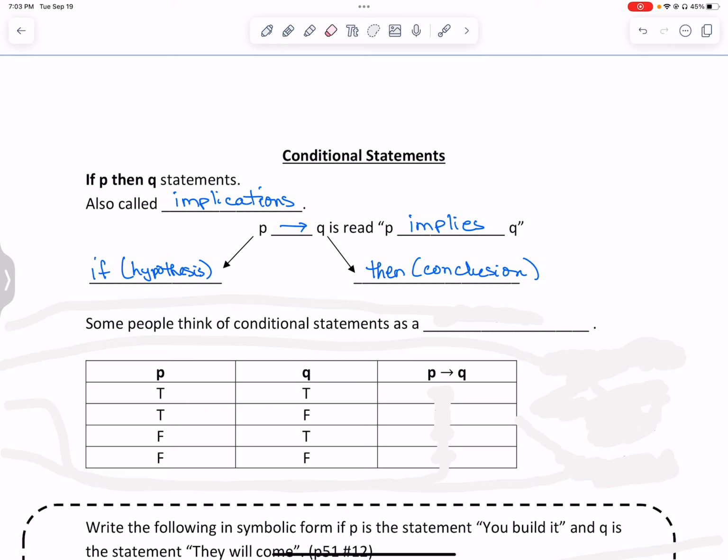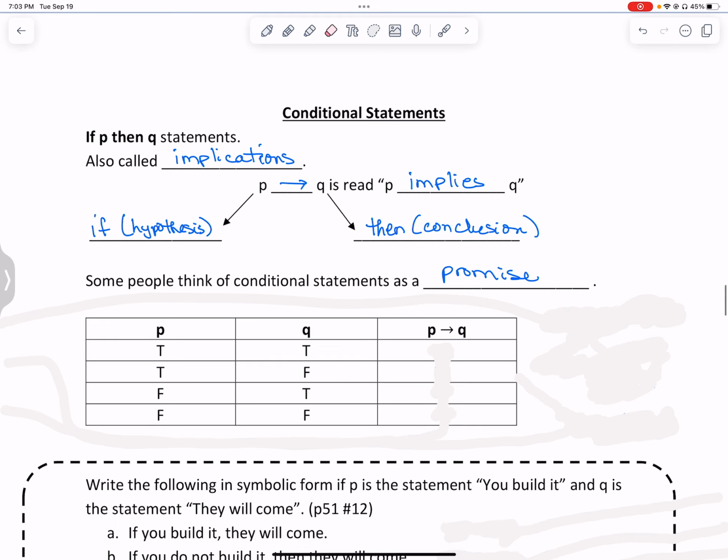If it rains, then my backyard's going to get flooded, because that's what happens when it rains. Some people think of conditional statements as a promise. So I'm promising, if it rains, I promise you my backyard is going to flood.